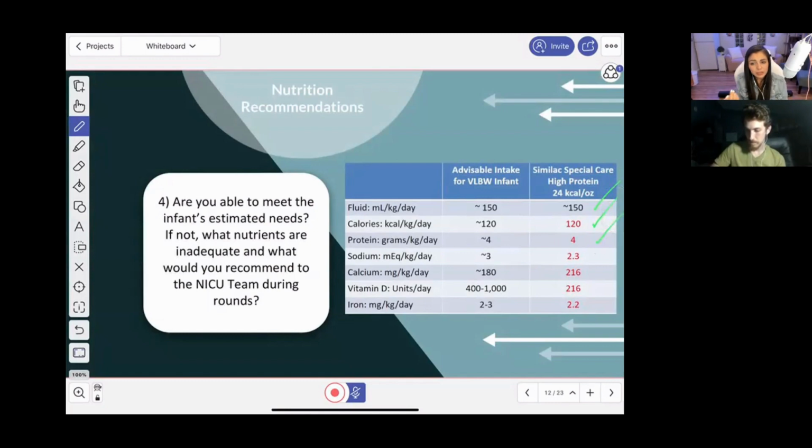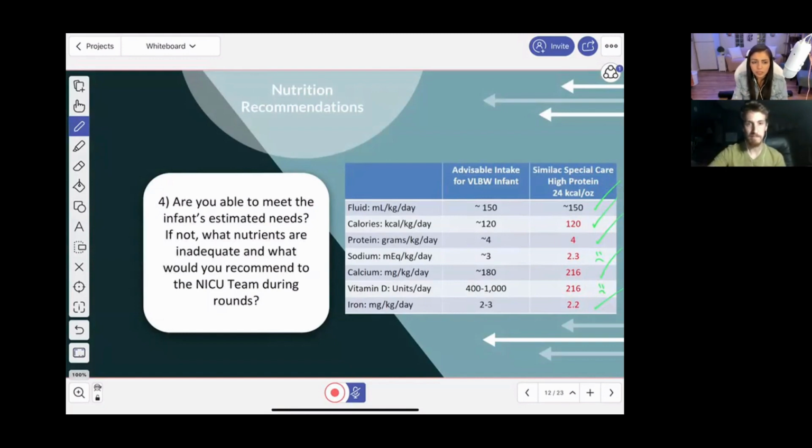Our sodium is still on the low side. Calcium, we're good. And then our vitamin D is still a little bit on the low side. And our iron is well within the range. I think our iron is still a little bit on the low side from the range, but it's still okay. So we're good on that.